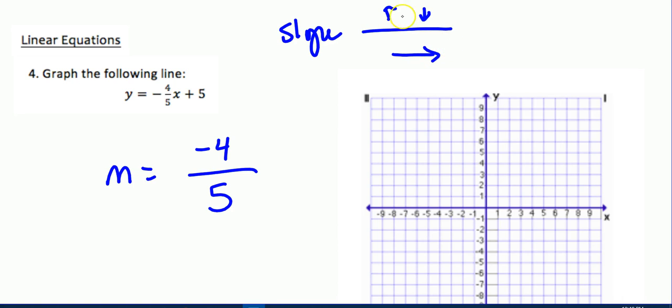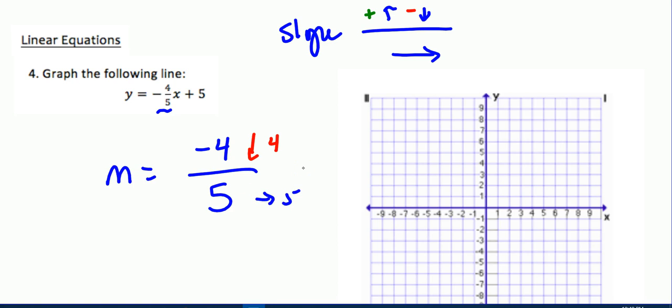The up will be if you have a positive value. The down will be if you have a negative value. So, in this example, I have a negative 4 on top for my slope. And again, this is my slope, the number before the x. And that means I'm going to be going down 4. So, down 4. And to the right 5.